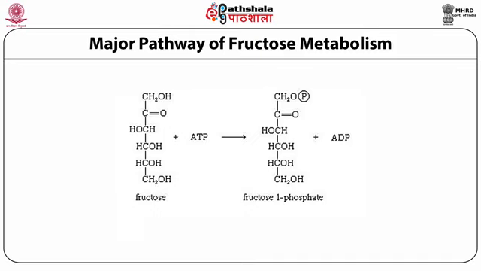Fructokinase is found in the liver, kidney, and small intestine. This enzyme has a very low Michaelis constant, that is, a high affinity for fructose, and its activity is not affected by the fed-fasting cycle or by insulin.